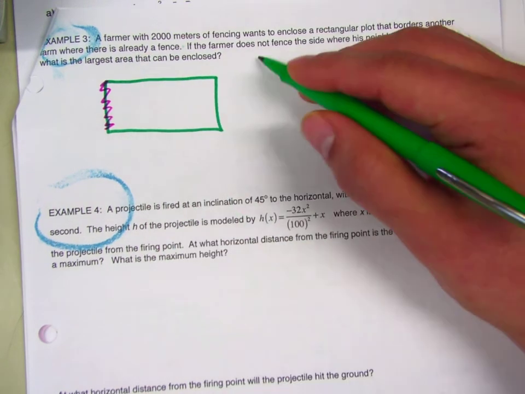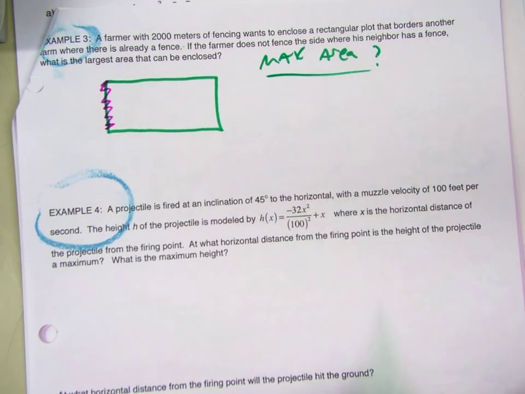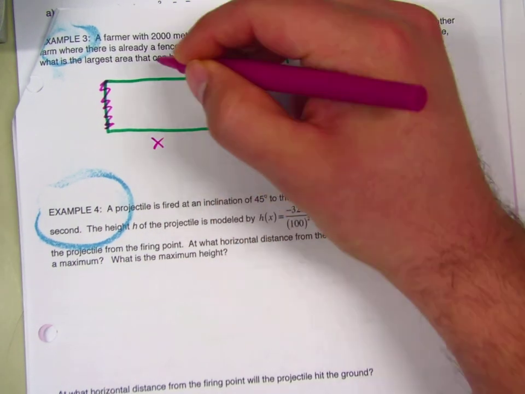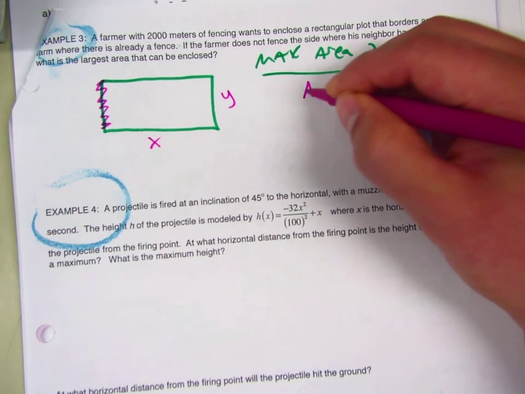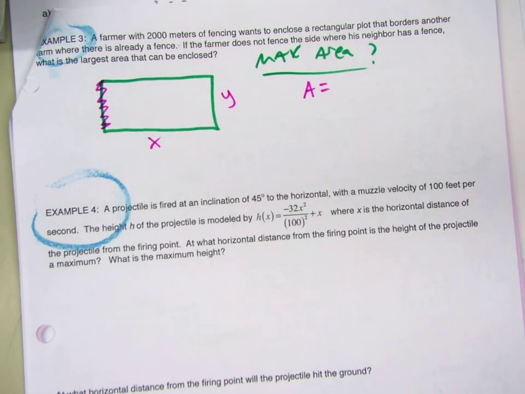What is the largest area? So we want max area. Cool. Let's call this x. Let's call this dimension y. What would the area for this rectangle be according to my labels?